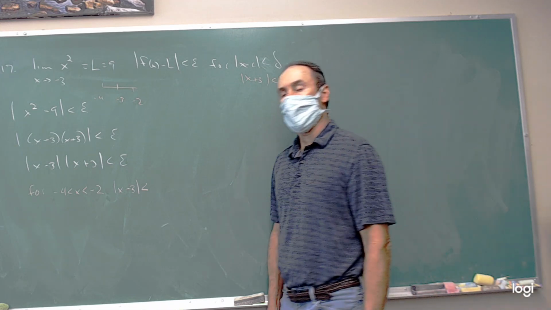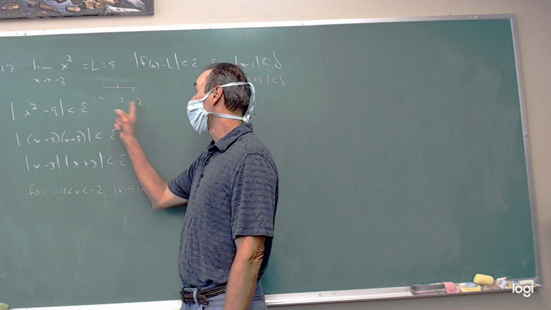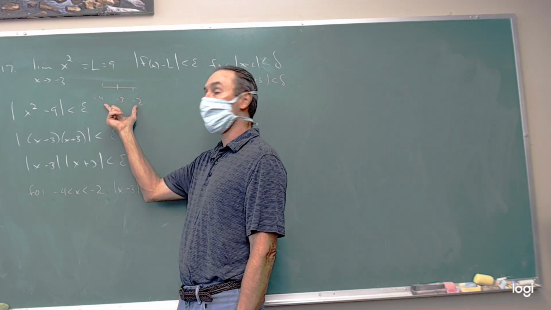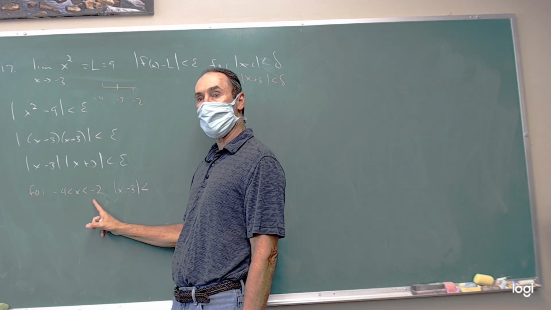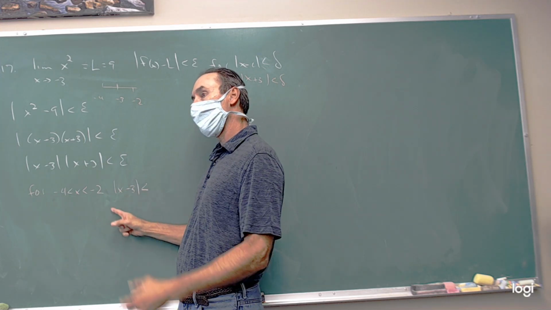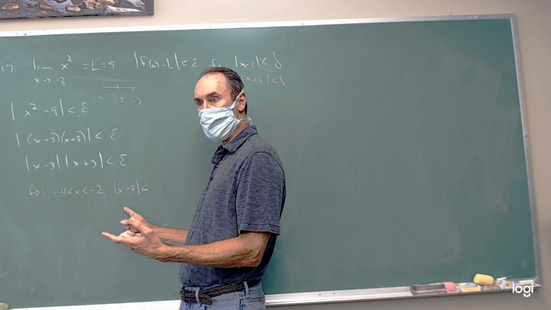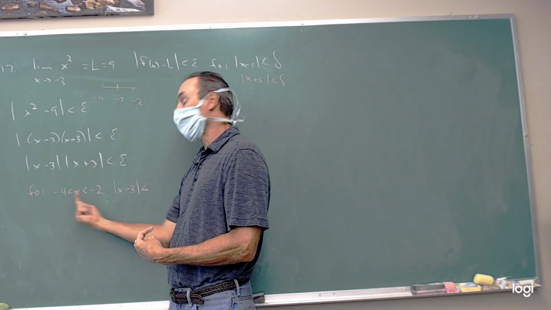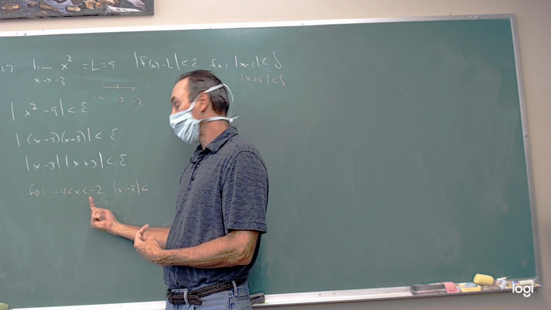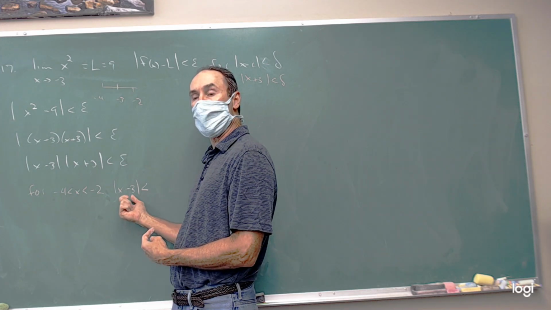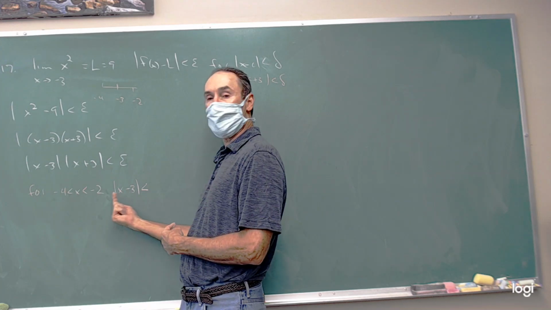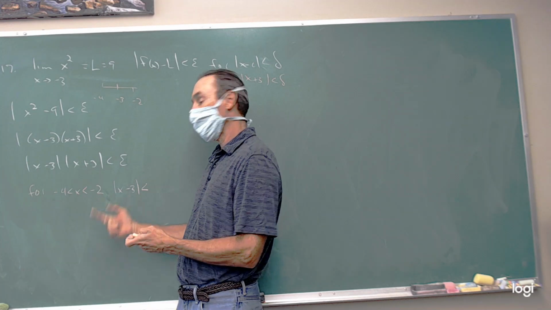We're 1 away from -3 for x. So for those choices of x in between -4 and -2, what's the largest the absolute value of x minus 3 could be? 7. It's going to have to be at one of the endpoints. At -2, we would get -5 in here, absolute value would be 5. But at -4, because of the -3, we'd get -7. Absolute value is going to be 7.